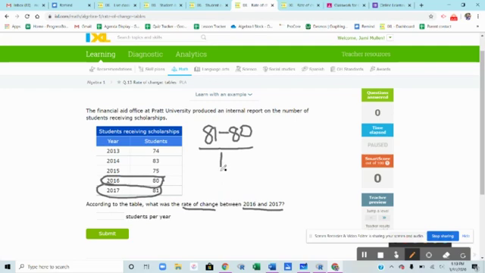There's just one. Or you could do 2017 minus 2016 in the bottom. It'll get you the same answer. So then you're going to come over here and simplify. 81 minus 80 is 1. There was 1 year difference. And then reduce, 1 divided by 1 is 1. So according to our table, the rate of change between those years is 1.